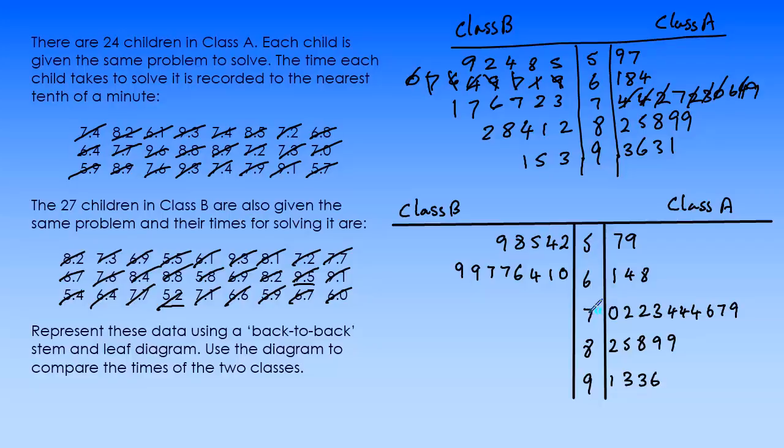Now, going here, we've got 1, 2, 3 to start with. So let's just cross those off. 1, 2, 3. Then we've got 6, 7, 7. And then here we've got 1, 2, 2, 4, 8. And then finally, it's going to be 1, 5, 3, but it's going to be in the order 1, 3, 5, so coming outwards from the middle.